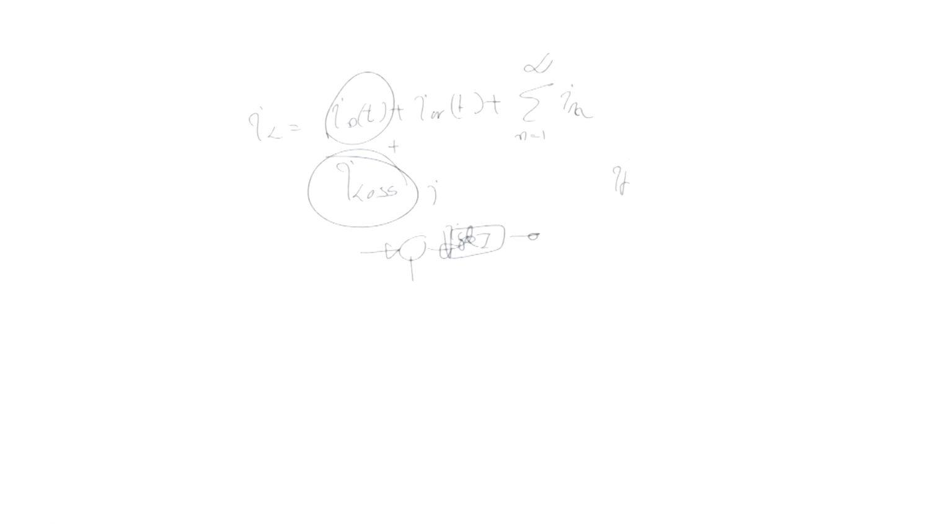So, IP of t plus I loss of t plus ISD, this all will be the in phase component of the current, and that is required to be fed from the source.